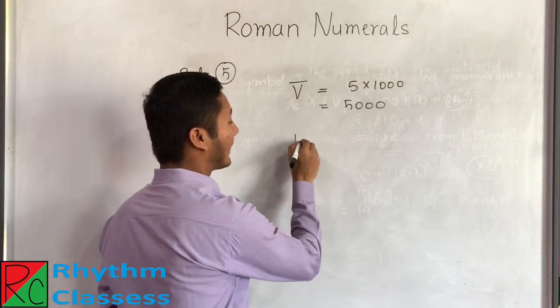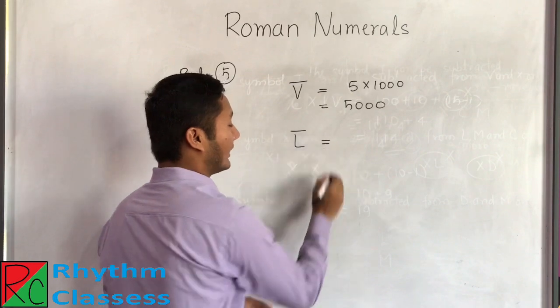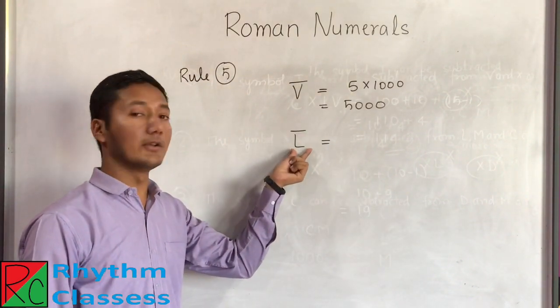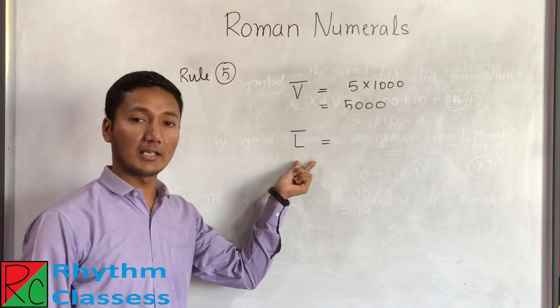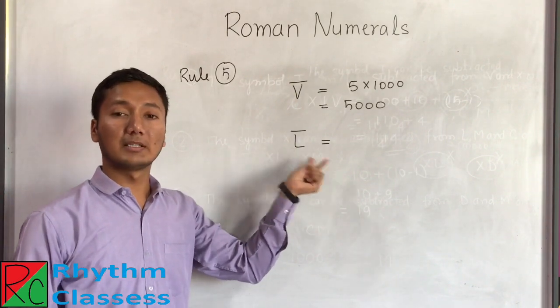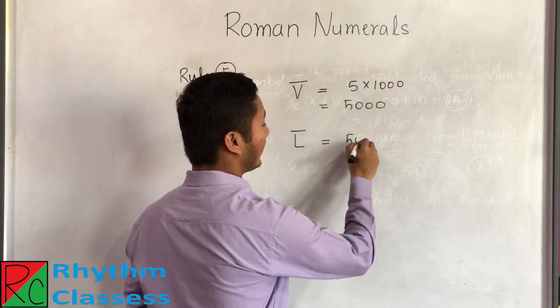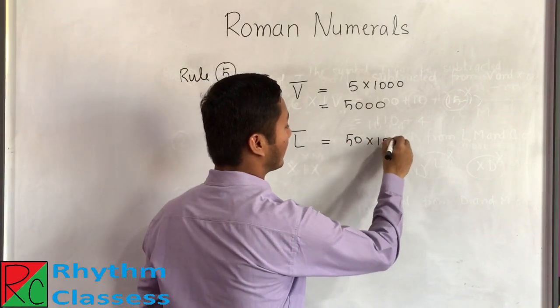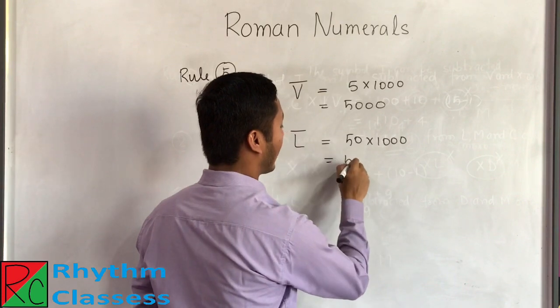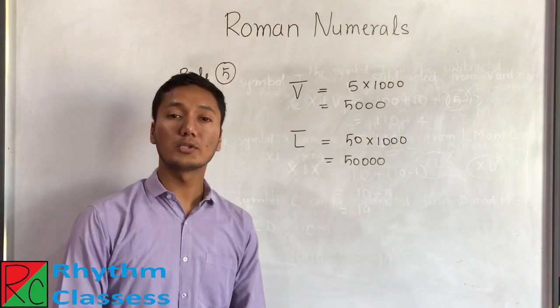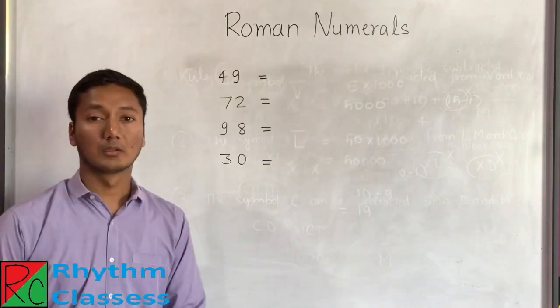Somewhere if we write like this, in this case also we can see a bar is placed over a numeral, then we can say this numeral will be multiplied by 1000 and it becomes 50 into 1000. Finally it becomes 50,000. These were the rules of Roman numerals.